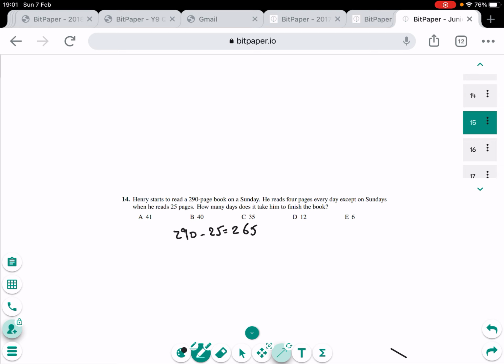So 6 times 4 plus 25 equals 49. How many days does it take him to finish the book?